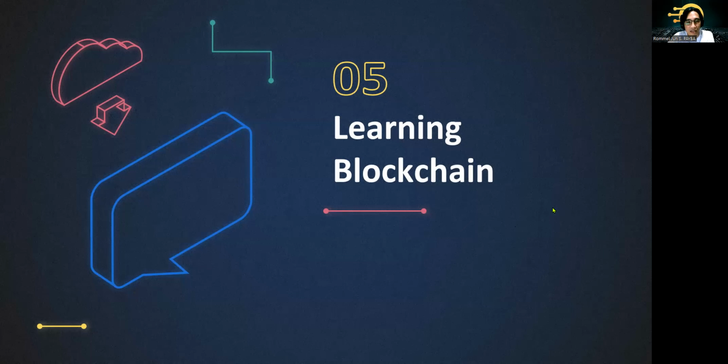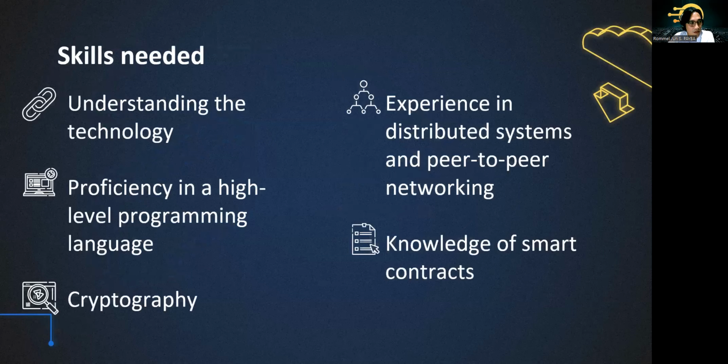You will need the following skills. Understanding the technology. That's why we have this webinar. Proficiency in a high-level programming language. How many of you here can say that you have this, number 2, proficiency in a high-level programming language? Getting there?